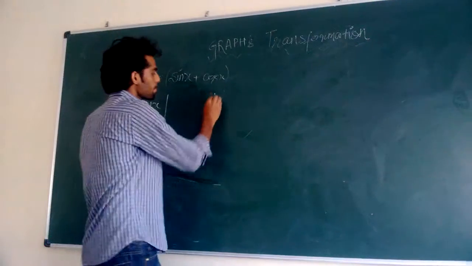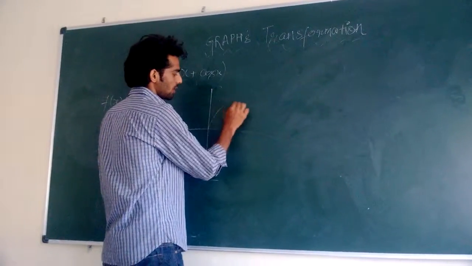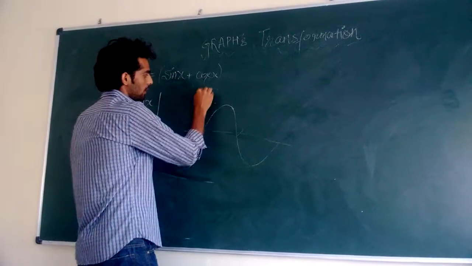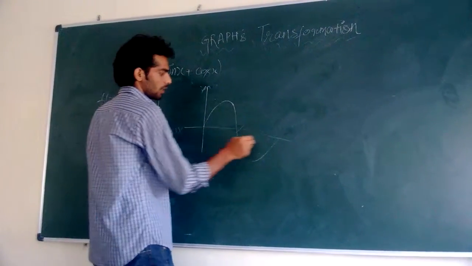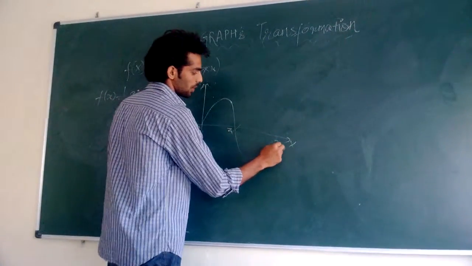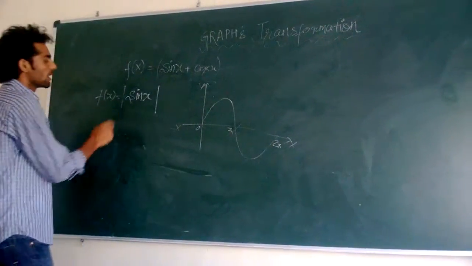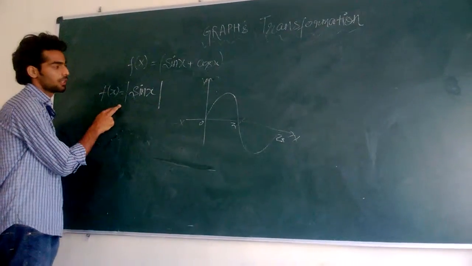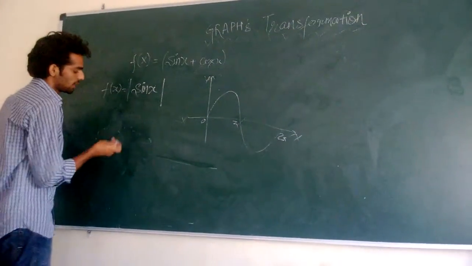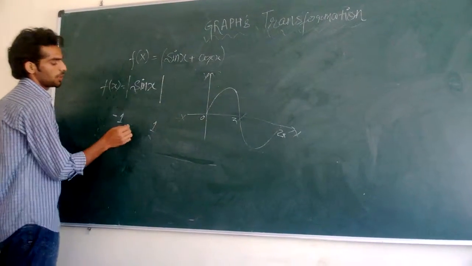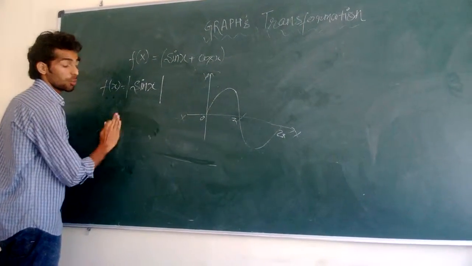So, this is our original graph, that is sin x, y-axis, negative x, positive x, this is 0, this is pi, this is 2 pi. If you are taking mod, then the range of f(x) cannot be negative, and the range previously was minus 1 to 1. Now it will be between 0 to 1, that is all positive numbers.